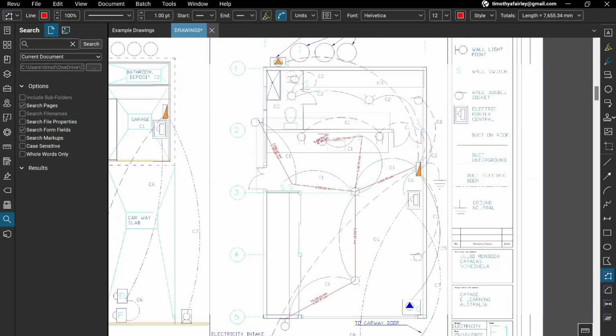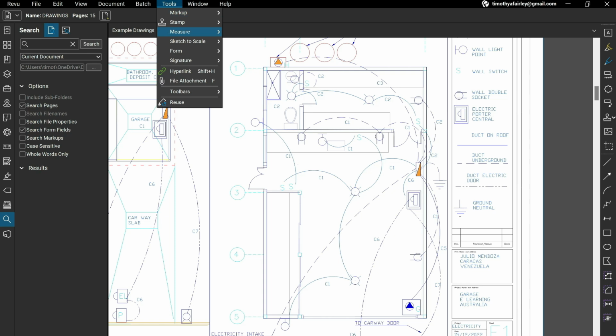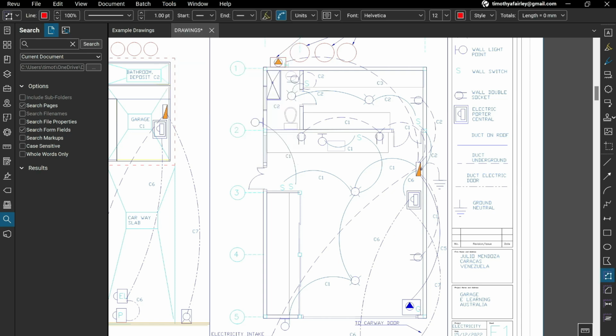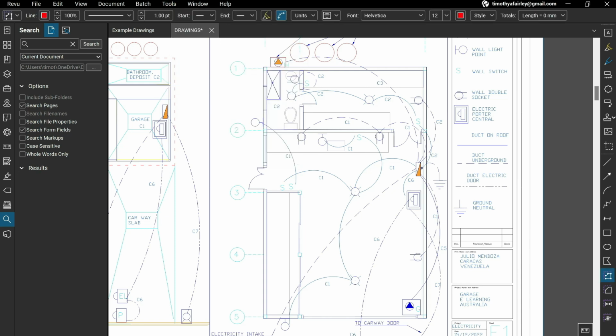C2. C2 goes through here, here, here, here, here.